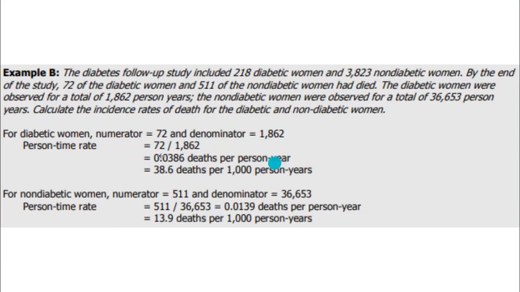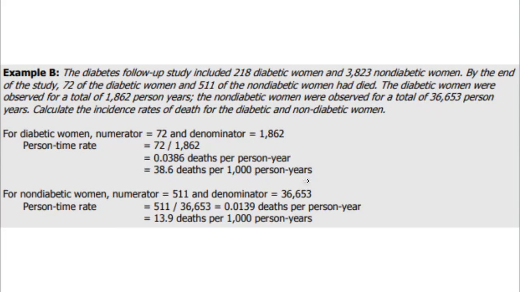Again, the decimal here is not a reasonable number, because we cannot count the number of people who died with decimals. It has to be whole numbers. So the factor that we have used here is 1,000, to get 38.6 deaths per 1,000 person years.